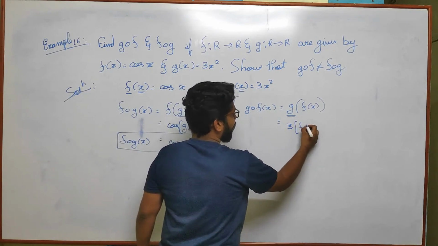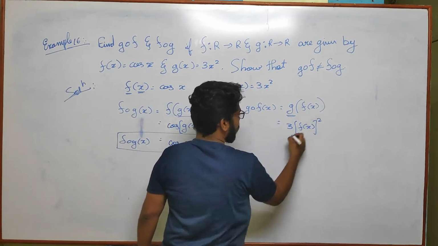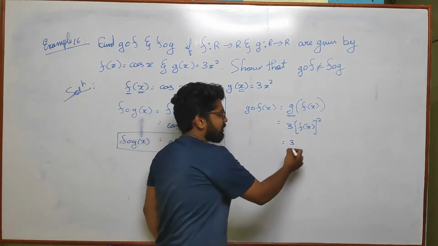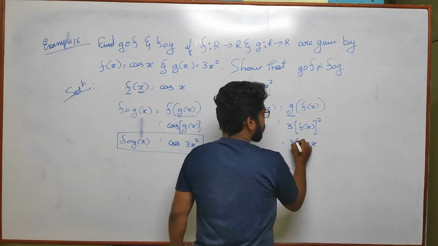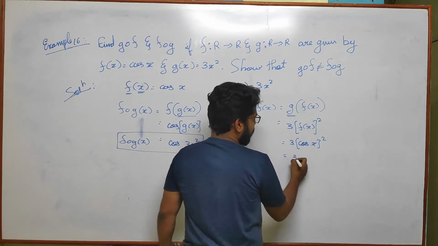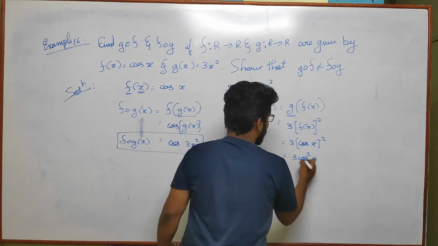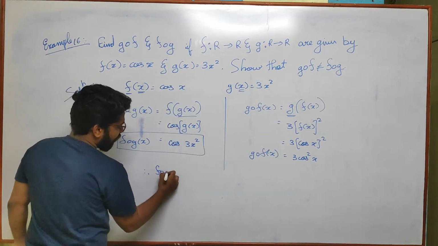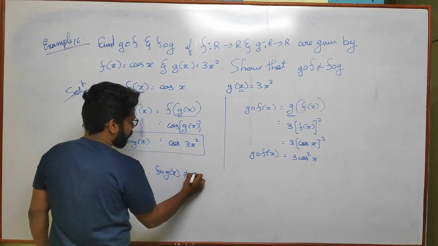So 3 into f of x whole square. What is f of x? f of x is cos x. So therefore 3 into cos x whole square is 3 cos square x, which is nothing but gof of x. Therefore fog of x is not equal to gof of x.